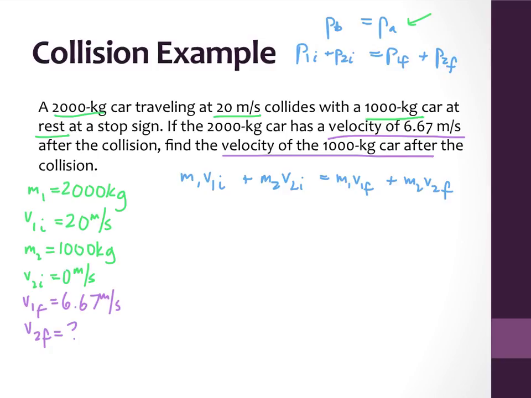So let's plug in our values. Plug and chug. Notice how I'm not writing units. You could get away with this on the regents if you write everything off to the side like this over here, then you can get away with not putting in units. That's a secret trick I learned.